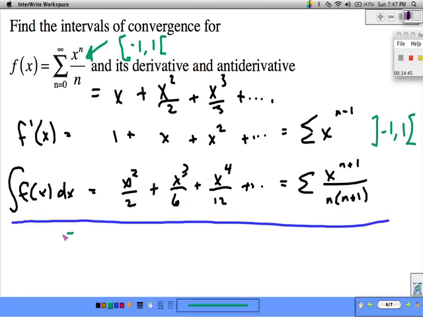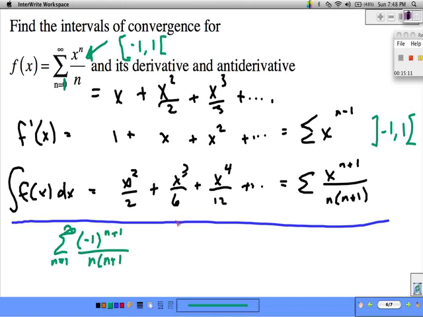What we end up with is -1 to the n plus 1 over n times n plus 1. I should go back and correct that typo. This series goes from n equals 1 to infinity.